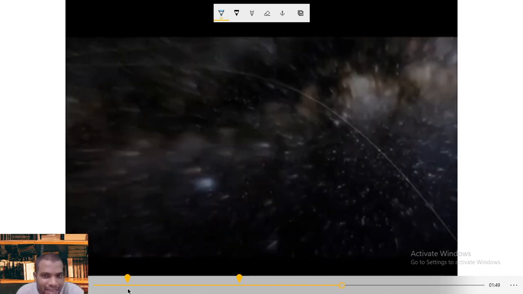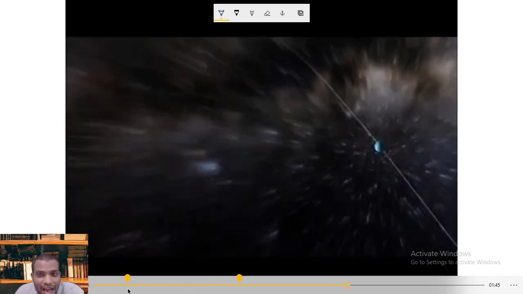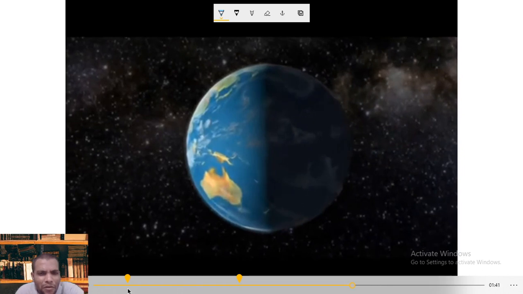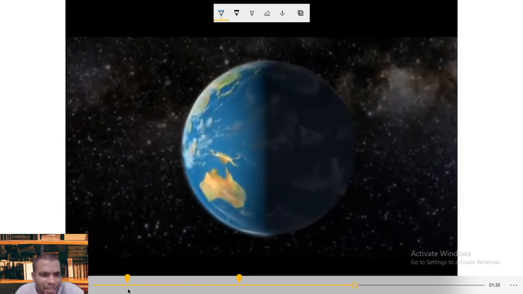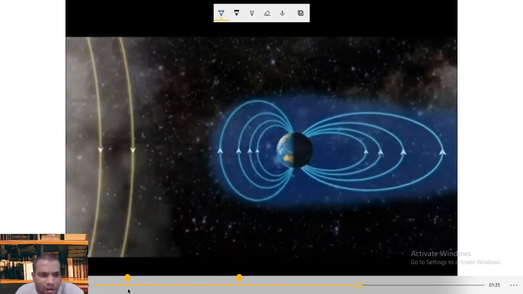Yes, that's the exact cause. The earth has its own very powerful magnetic field, which we already know. This is the pattern of the earth's natural magnetic field that we will study in the next concepts.